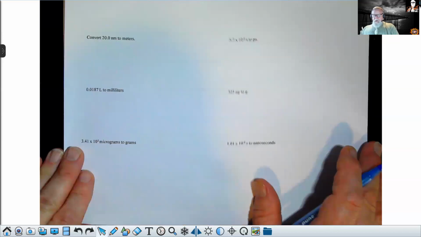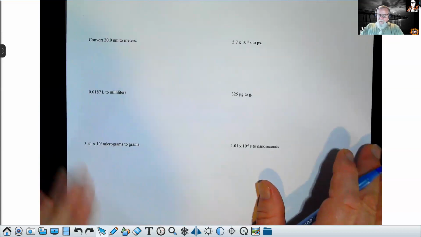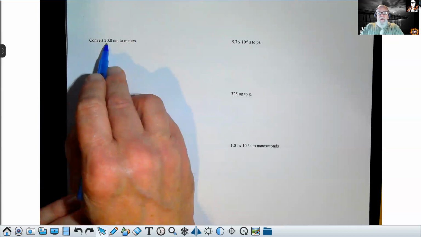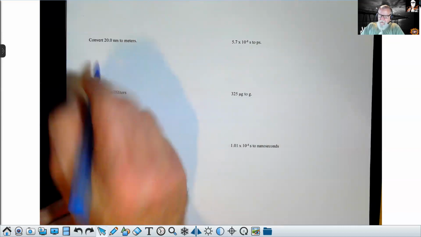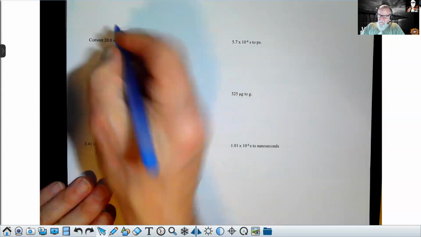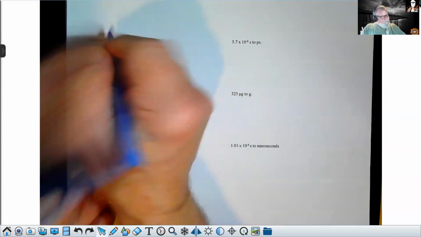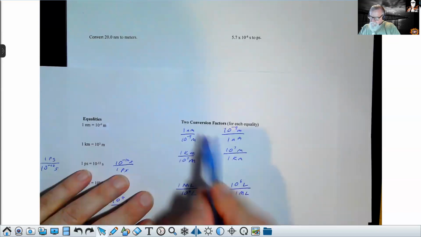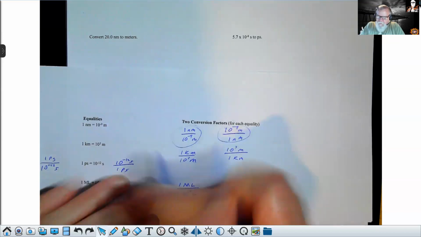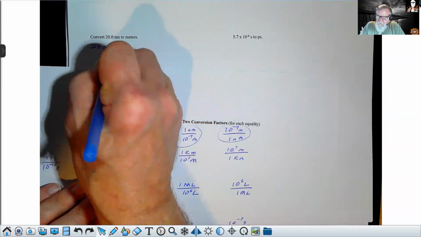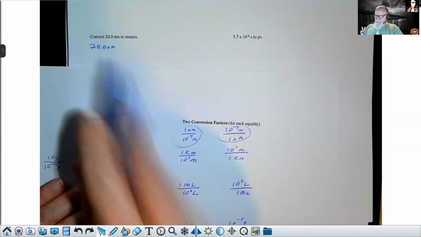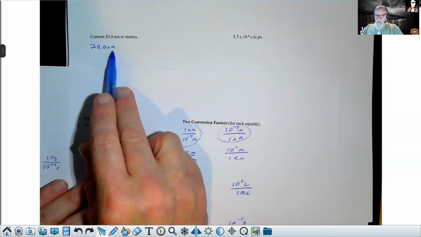So let's go ahead and do a conversion. We want to convert 20.0 nanometers into meters. So the conversion factors for this, we did here. We have these two conversion factors, right? If we write here 20.0 nanometers, we want the nanometers to cancel out.